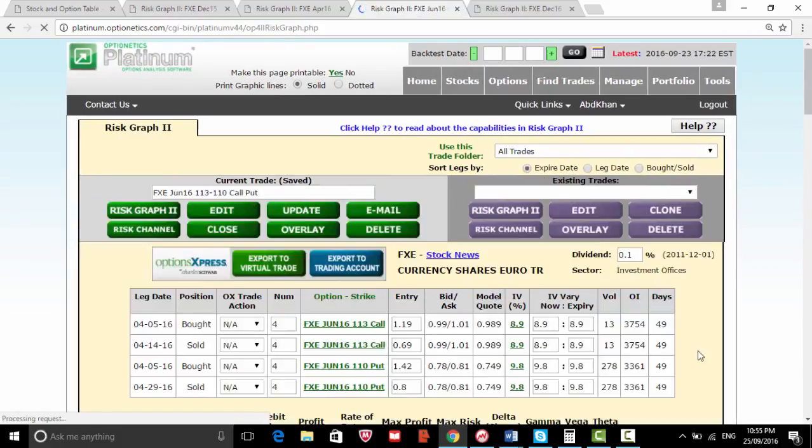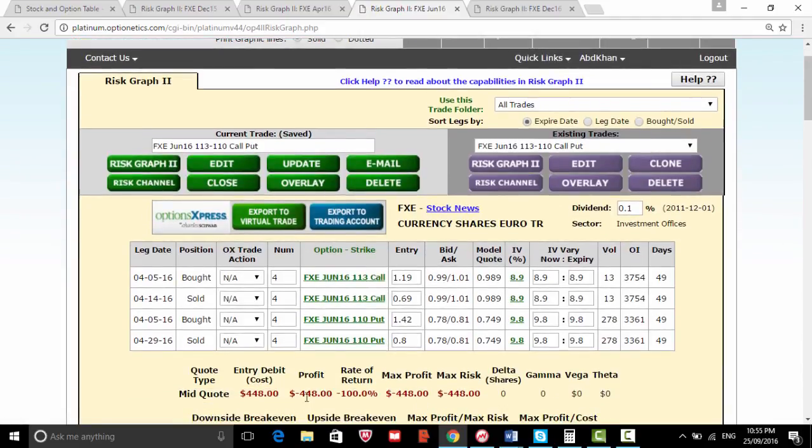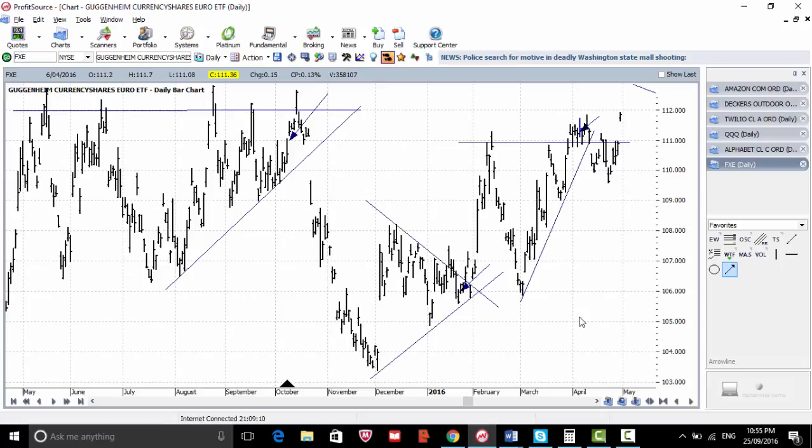So on the 29th of April, I was at a loss of $450, and so I decided to close out the open put option that I had and leave this position for a loss of $450. So it was a losing trade. You obviously get those as well.